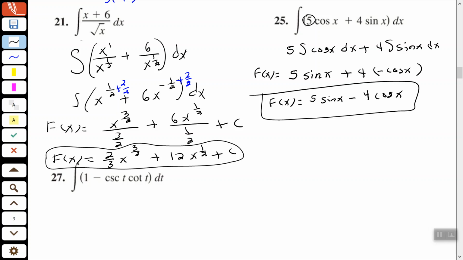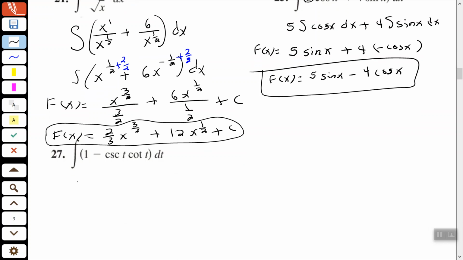Alrighty, let's look at number 27. We want to find the integral of 1 minus cosecant t times cotangent t dt. And if you go back and look at your integration rules, then the antiderivative of cosecant t cotangent t dt would be negative cosecant t.